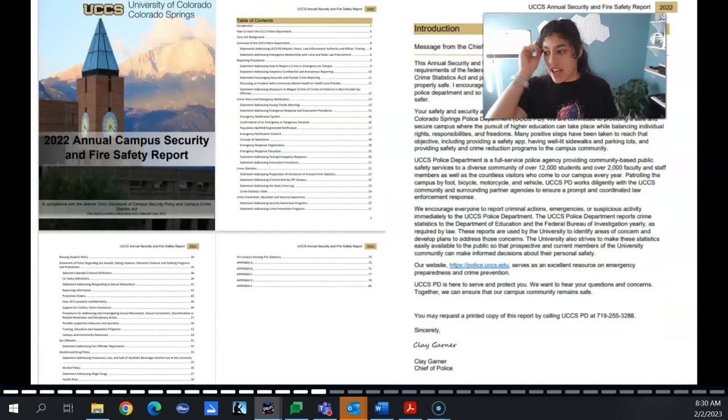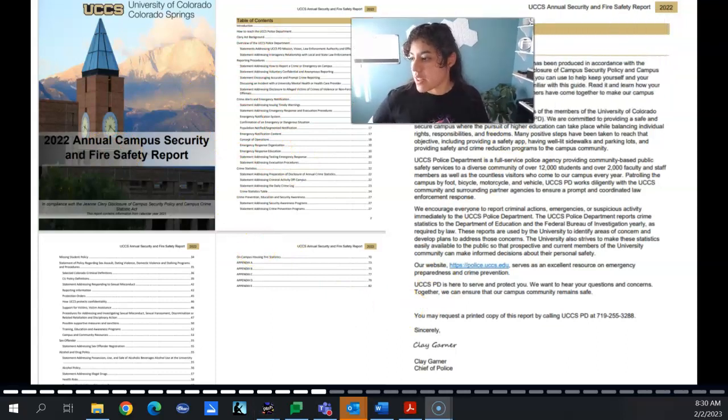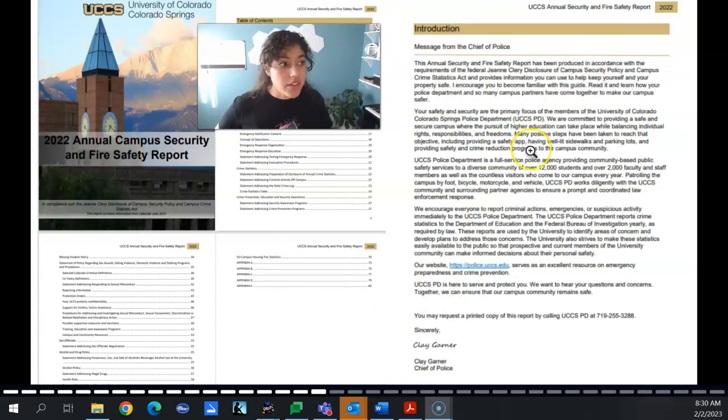All right, here's just a little example of one from UCCS. This is our 2022 annual campus security and fire safety report. Again, we know it's a very important official report. It's got a whole title page, table of contents. They started off with this letter from the chief of police talking about why it's important.